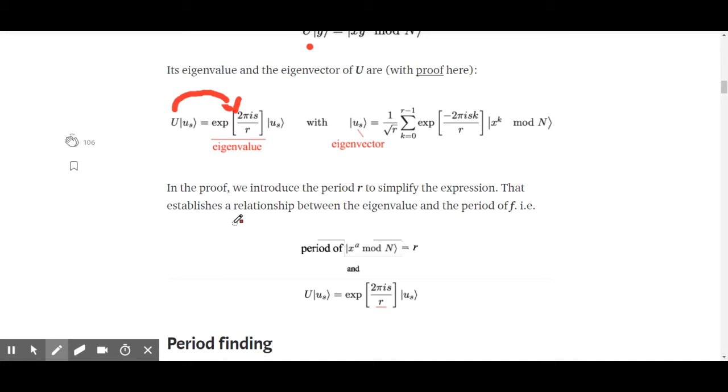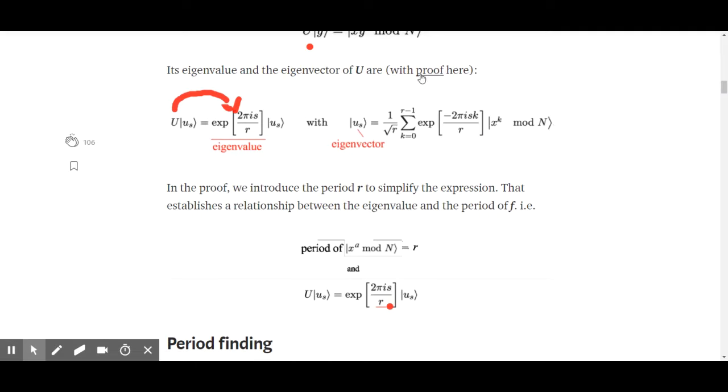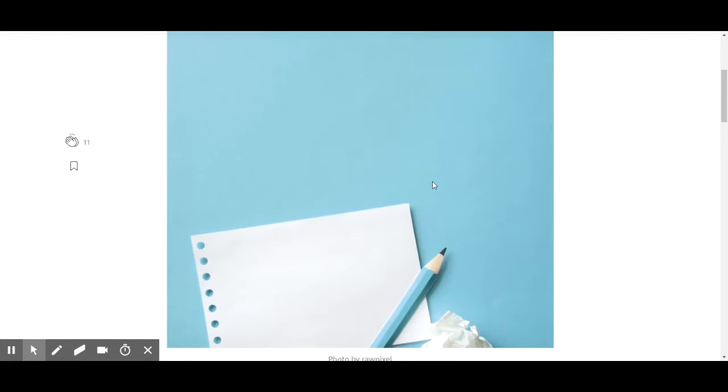In the proof we introduce the period r to simplify the expression that establishes a relationship between the eigenvalue and the period of f, r. Is this proof really heavy? Appendix to Shor's algorithm.